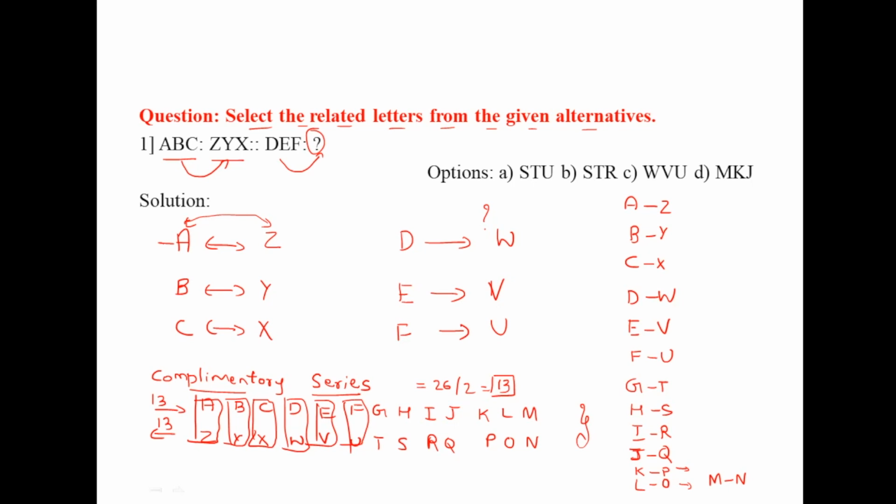So my answer for this question is WVU, and option is, whether it is there, yes, option C. You can see WVU. This is my option. So keep this story in your mind and practice it once, and it will never be forgotten. I am sure it won't be forgotten.